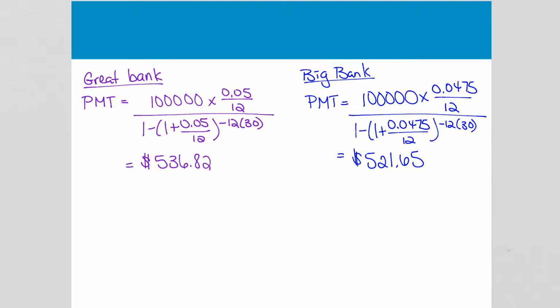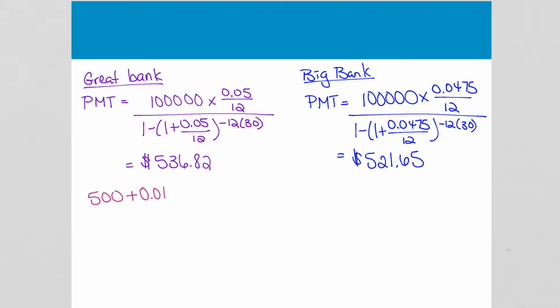But then we've got all these closing costs. So with Great Bank, you've got a closing cost of $500 plus 1 point. 1 point is 1% of the amount of the loan.